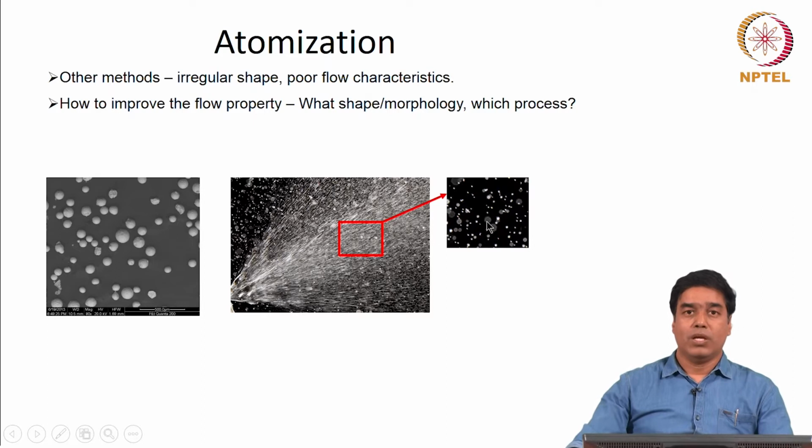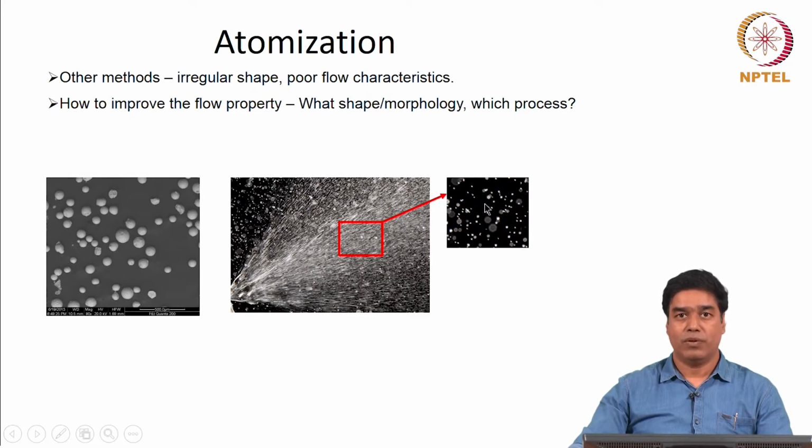So, a liquid stream, when it is atomized, can give rise to these fine droplets, which are more or less spherical.